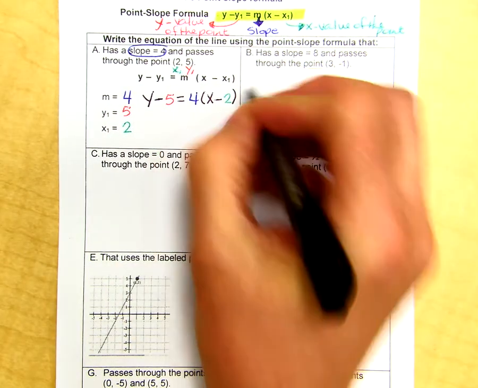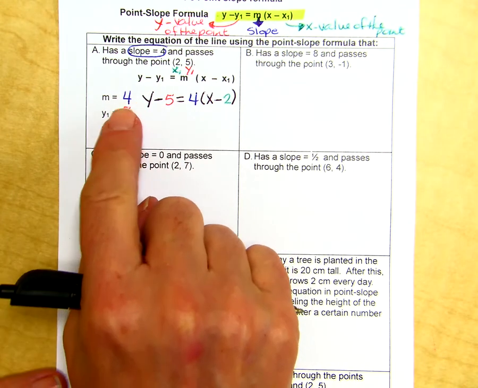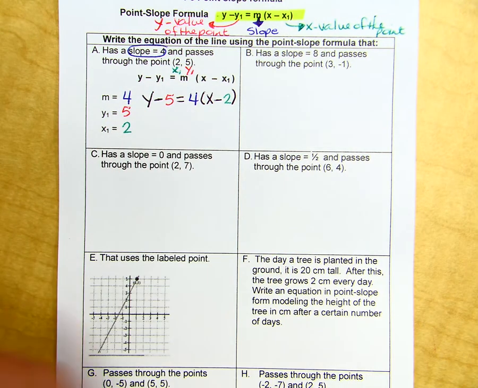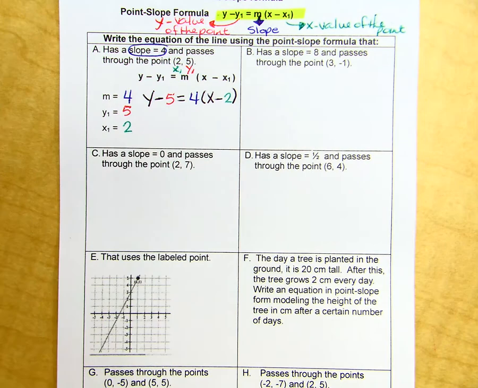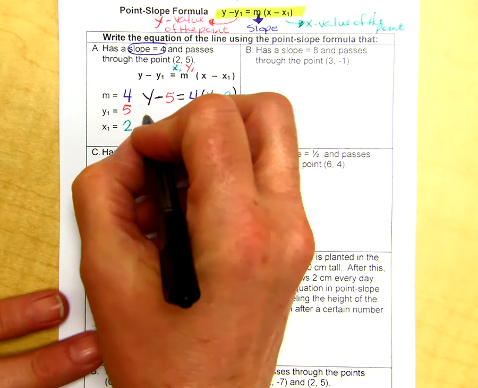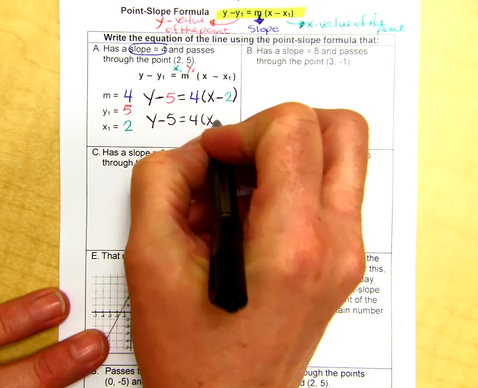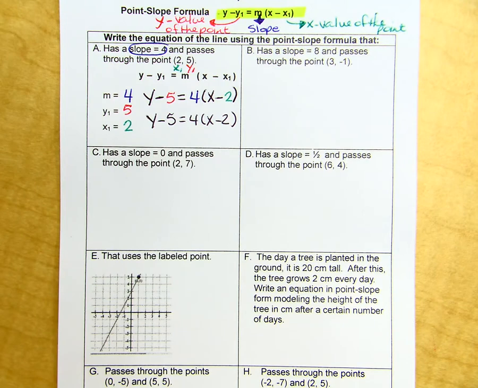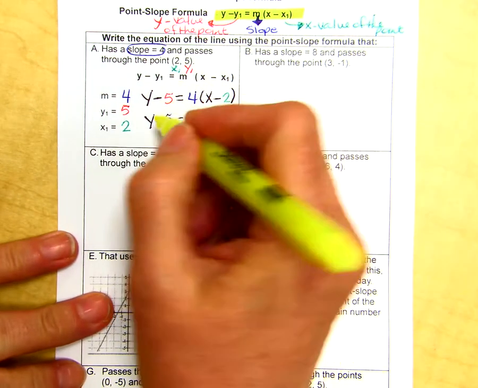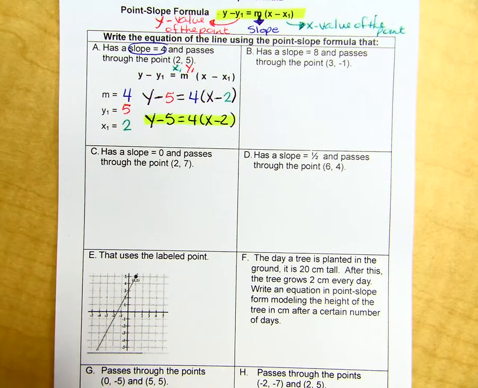So all we have done is taken our m and the two values that we get from the point and substituted those into the equation, and we now have this equation. I'll just write it all in one color here, in what we call point-slope form, and we were going to leave that in this form for this particular example. We will be solving for y in later examples.